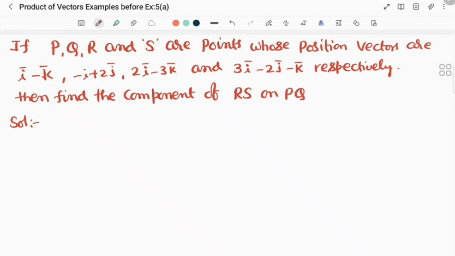So first what you have to do, the vector component, this is a projection only, that also I will explain. First we need to calculate the PQ and RS vectors. So how to do that?